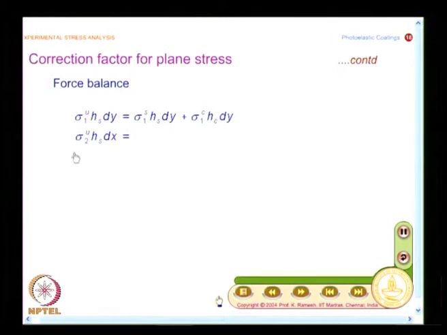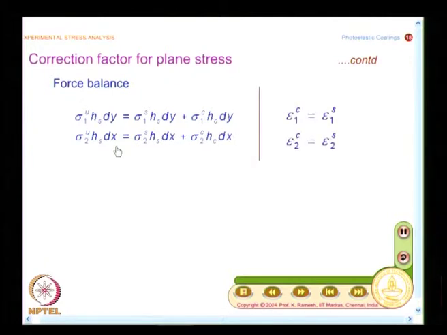And in a similar fashion, I can also find out the force in the other direction. So, what we have here is the force balance written down, and we have assumed to start with that the coating is well bonded to the specimen, so that the strains on the coating and the specimen are identical.